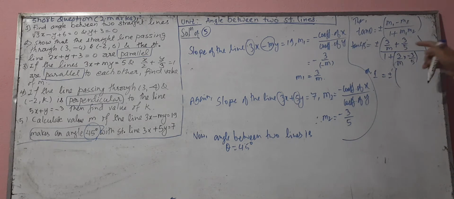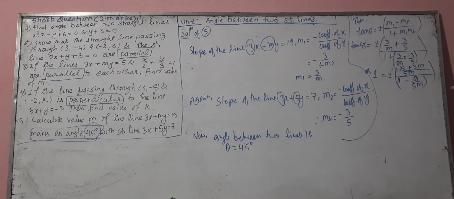adding these two fractions, we take the LCM of m and 5, that is 5m. Dividing 5m by m we get 5, and 5 times 3 is 15, plus dividing 5m by 5 we get m, and this gives 3m. In the denominator, 1 minus plus becomes minus, 3 3s are 9 by 5m.